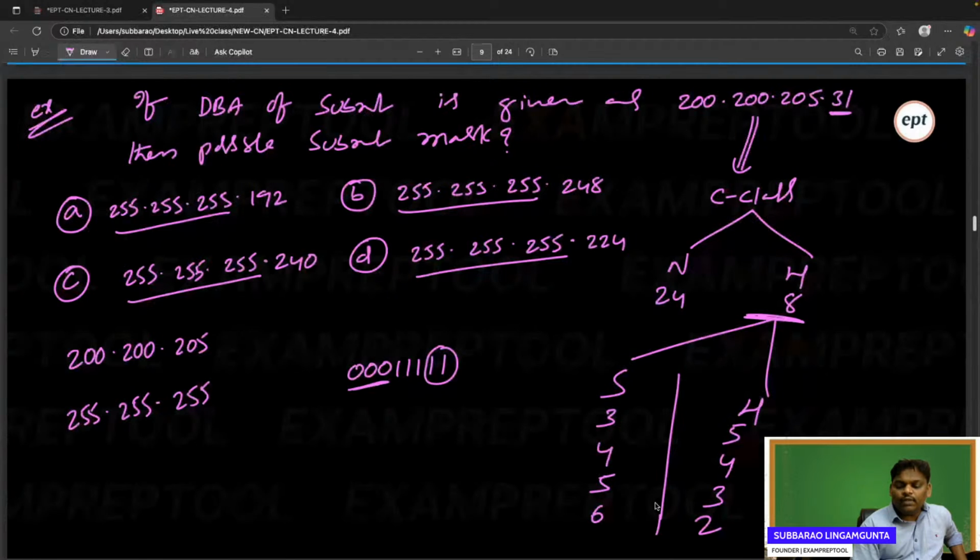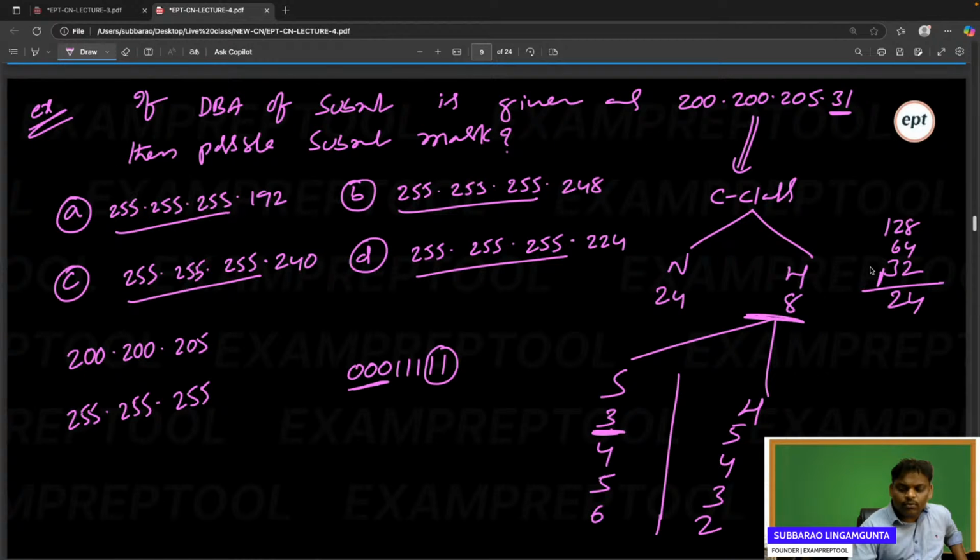If at all 3 bits, then 128, 64, 32, which is going to be 224.